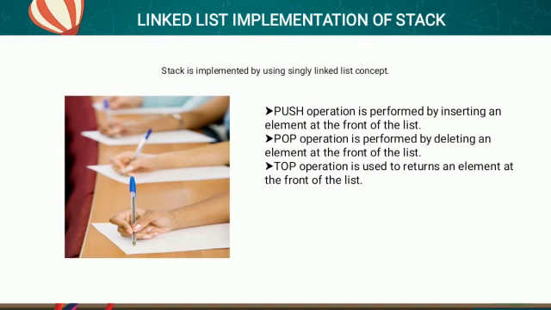Next we move on to the linked list implementation. Here the stack is implemented by using the simply linked list concept. First, the push operation is performed by inserting an element at the front of the list, the pop operation is performed by deleting an element at the front of the list, and the top operation is used to return an element at the front of the list.